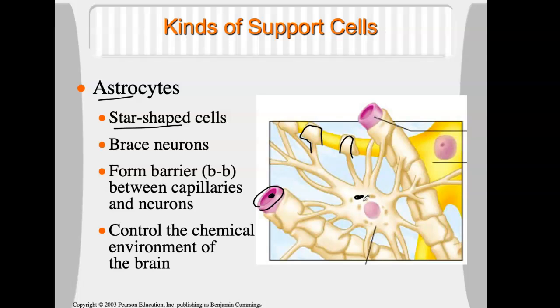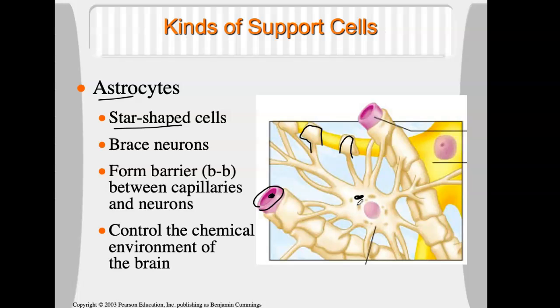When we give artificial dopamine to someone with Parkinson's disease, it has to be a slightly different form of it. It's called L-DOPA. And that different form is not recognized by the astrocyte, and the astrocyte passes it on. But the regular form of dopamine, it recognizes and it says, not passing that on. So that's the blood-brain barrier. And the astrocytes are the ones that are responsible.